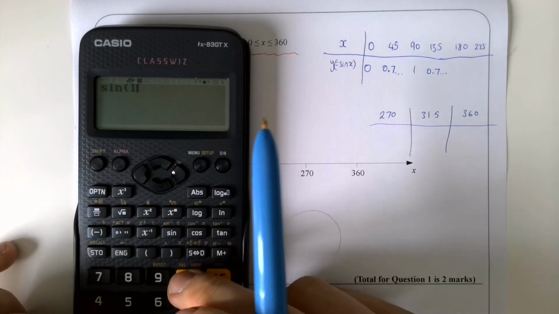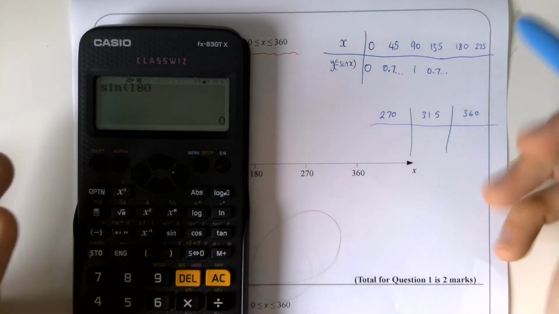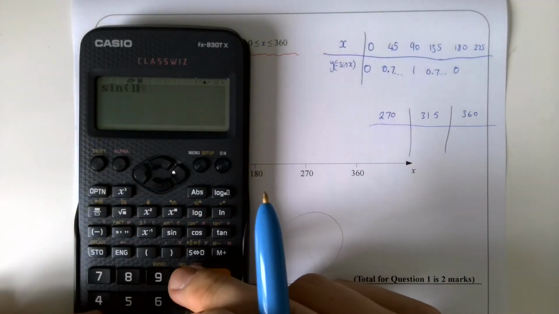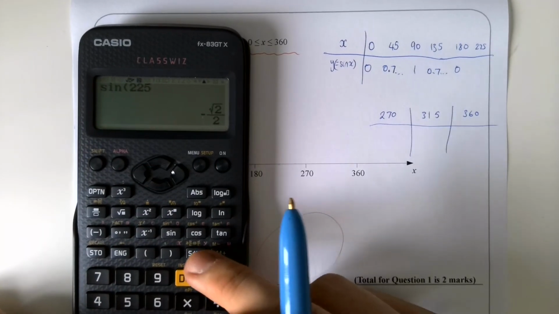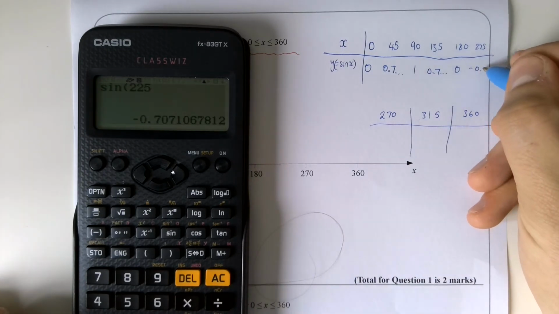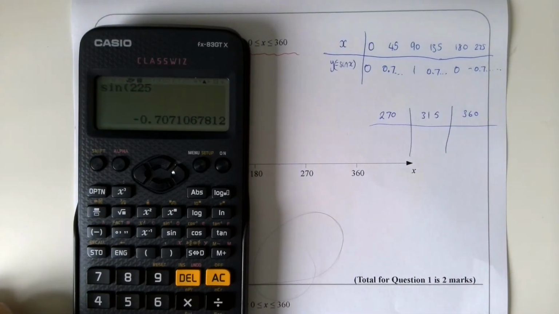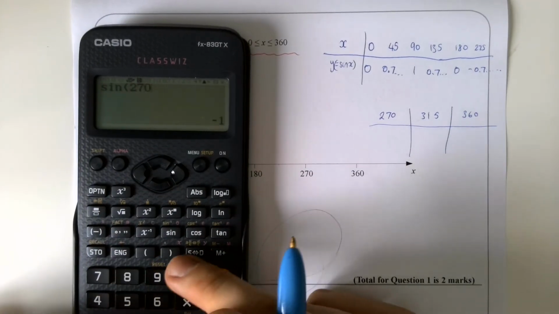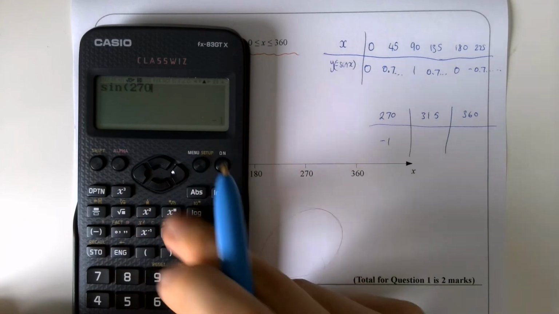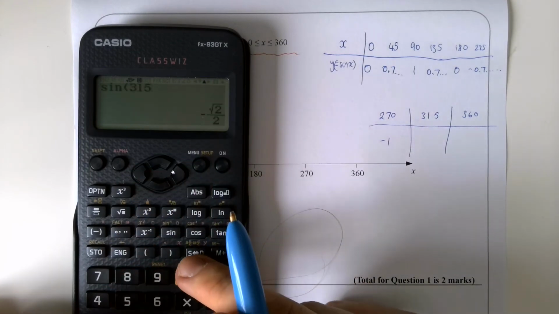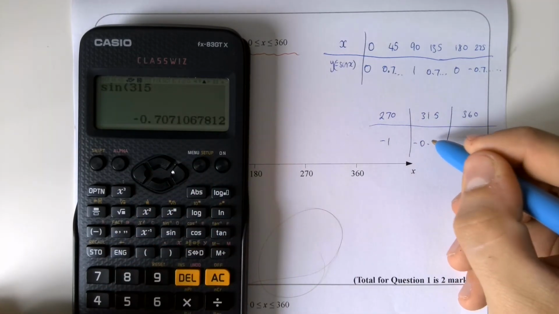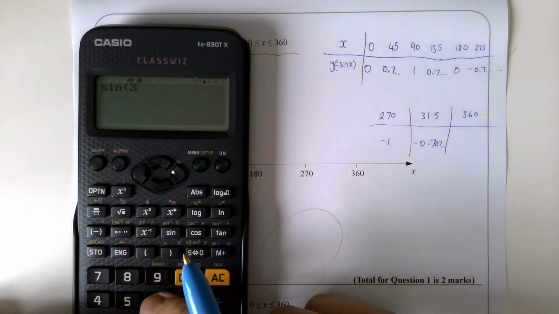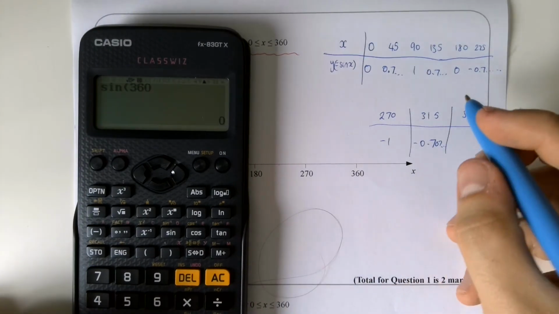Sine 180 is 0. Sine 225 is minus root 2 over 2, so minus 0.7. Sine 270 is minus 1. Sine 315 is minus 0.707, and sine 360 is 0.